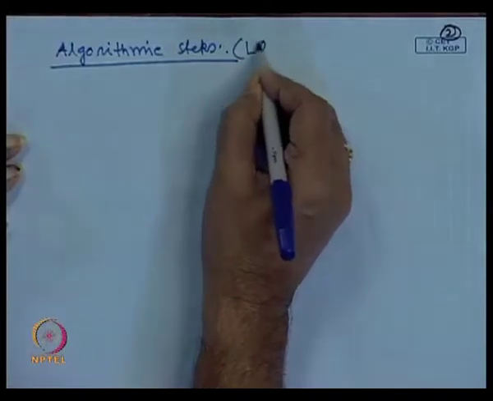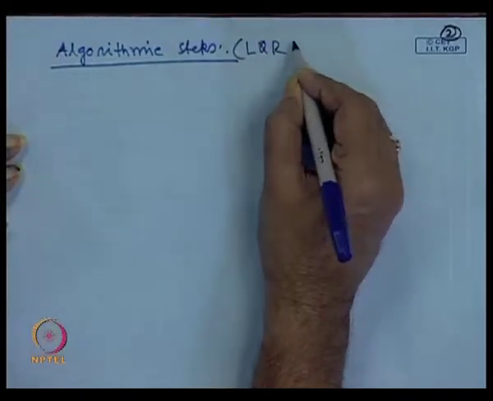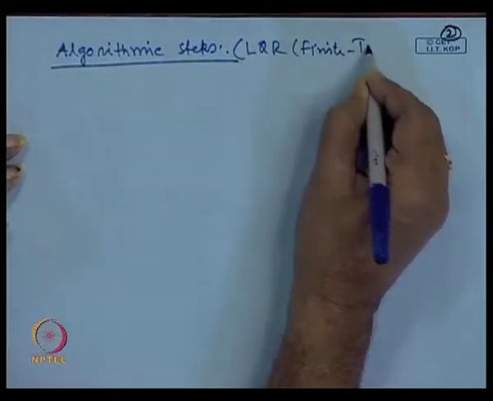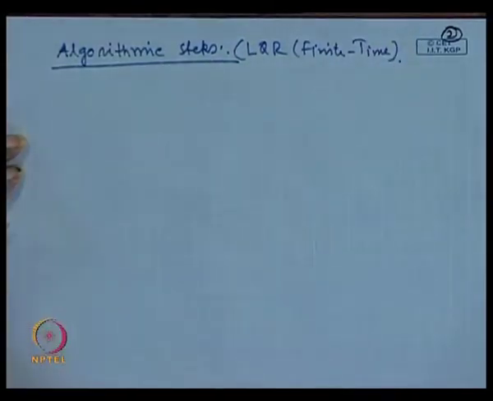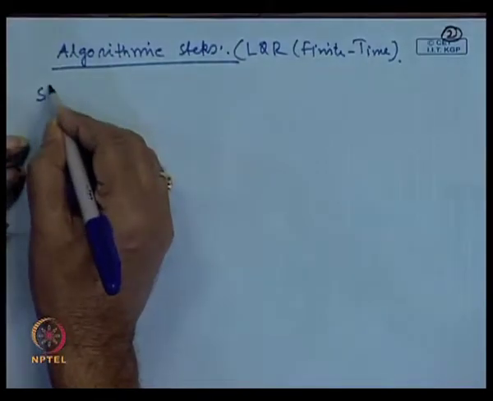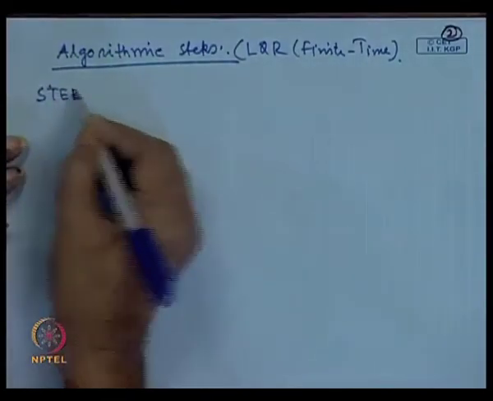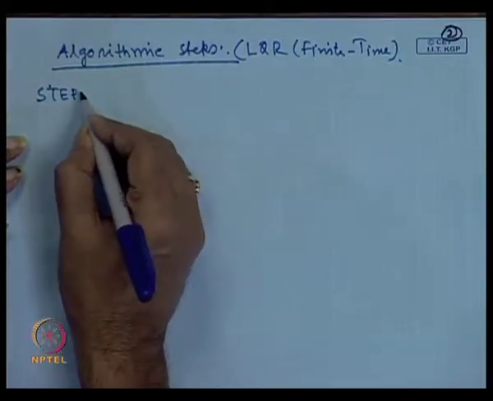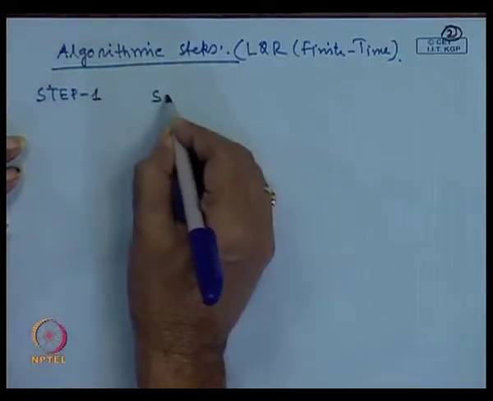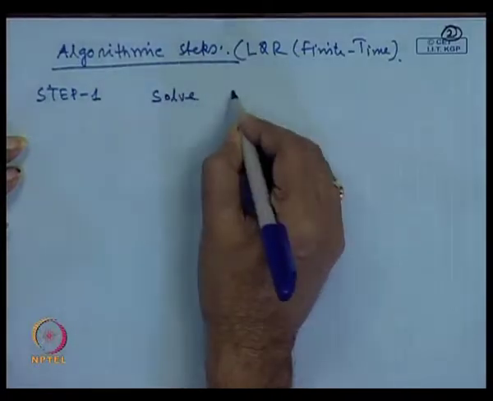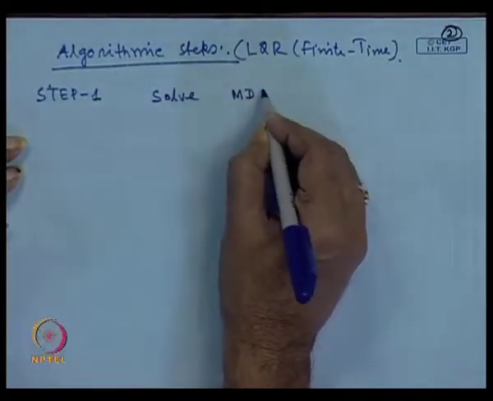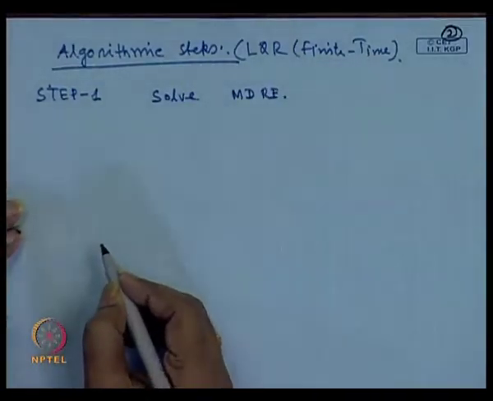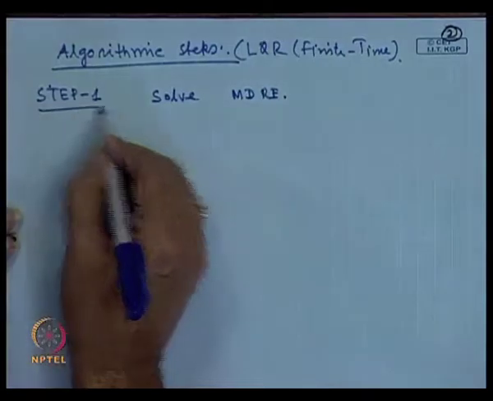The algorithmic steps for the finite time LQR problem. First step: solve the matrix dynamic Riccati equation. What is that matrix Riccati equation?